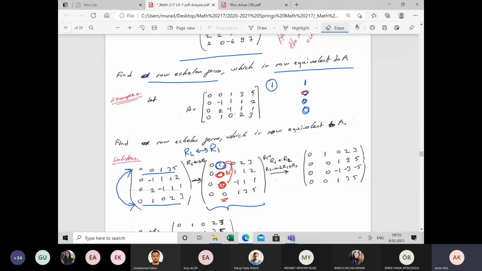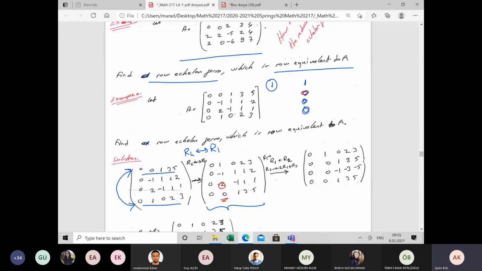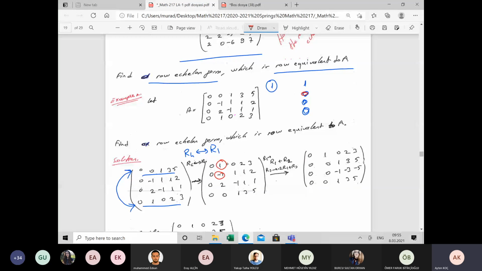So how to get 0 here, using the leading one? Take this one, multiply by 1, and add to this row: 1 times 1 minus 1 is 0, yes.